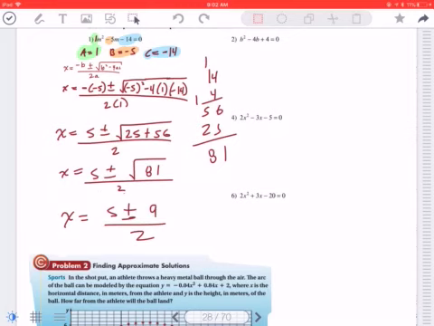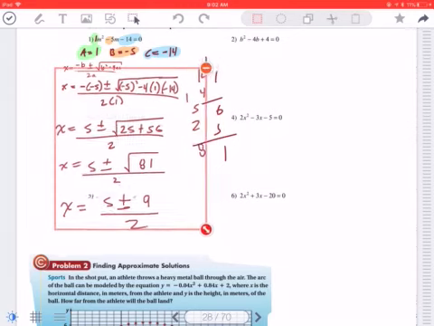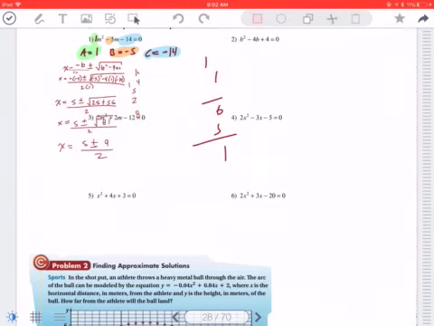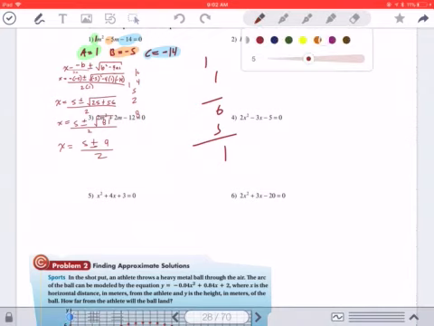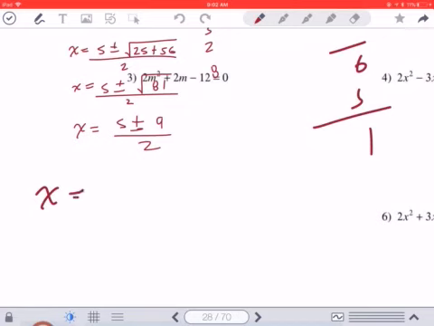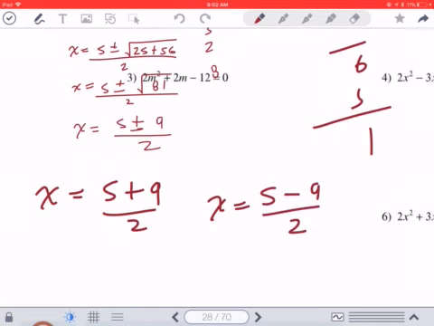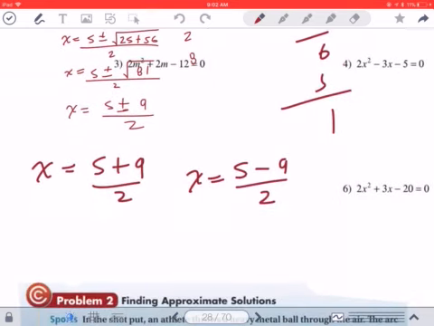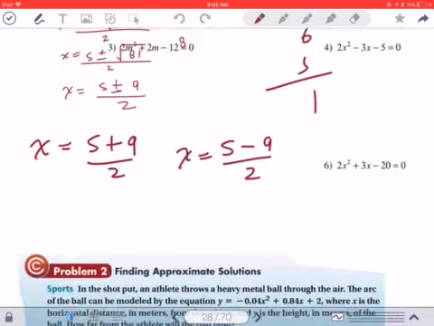Okay, now it's time to start shrinking this stuff up. Now that I have that, I'm going to do both the plus and the minus. So I have x equals 5 plus 9 divided by 2, and I have x equals 5 minus 9 divided by 2. So the plus or minus part means you have to do the plus and the minus.